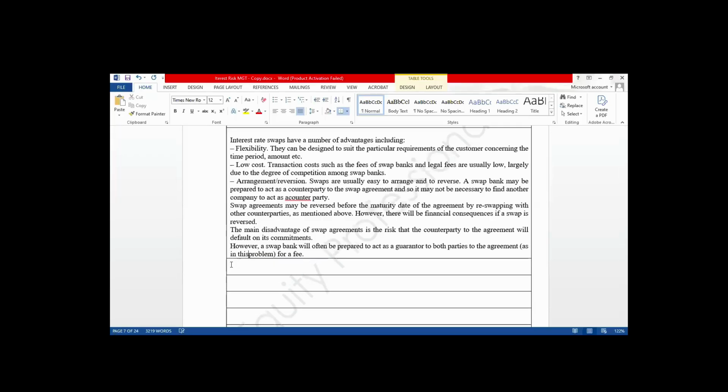If one of the parties defaults, then the other party is likely to suffer. So please look at this so that we can go to the B part of the question.